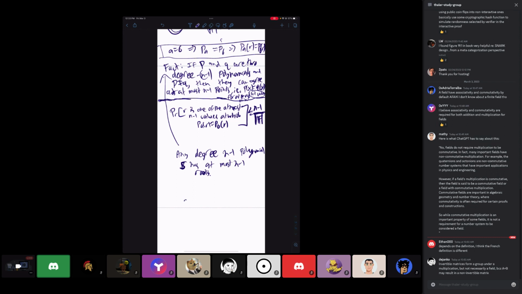You can always write, at least over an algebraically closed field, a polynomial as a product of its roots. I is a root of P of x minus I, right?